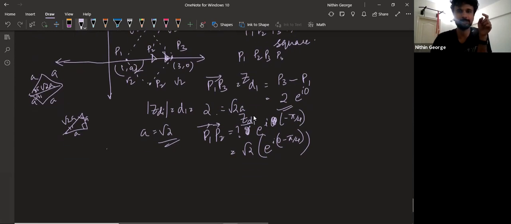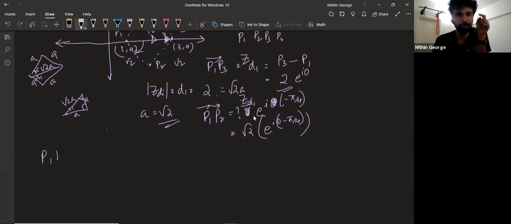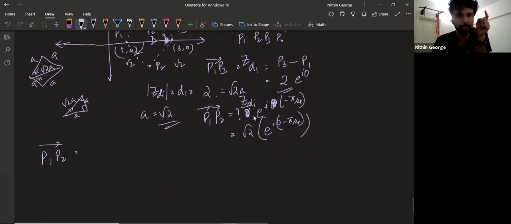I'll write it neatly here. One second. So P1, P2, this vector, I'll get when I take P1, P2 dash. So I have P1, P3 first. I multiply this by 1 by root 2.